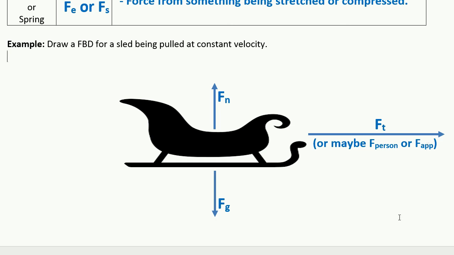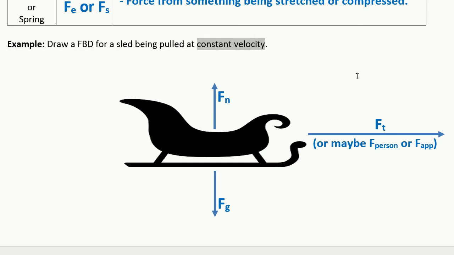Now at this point, you might think we're done. We've got gravity pulling down. We've got the normal force from the ground supporting the sled, stopping it from falling. And we've got tension over here, pulling the sled to the right. But a key thing in this problem is that this sled has constant velocity.